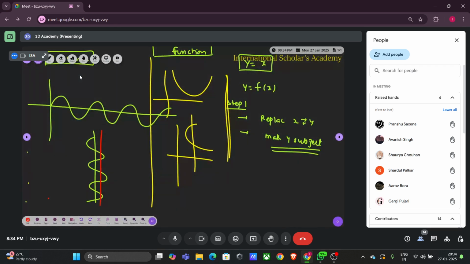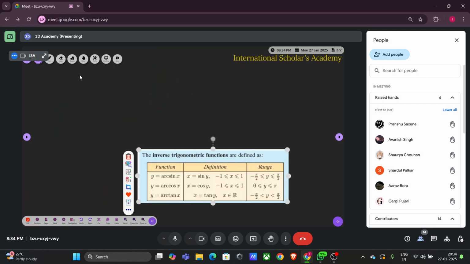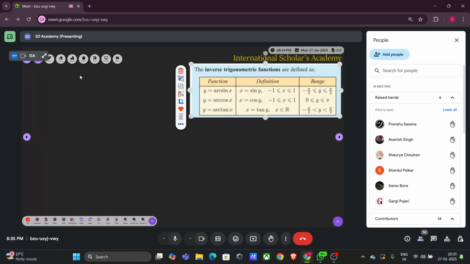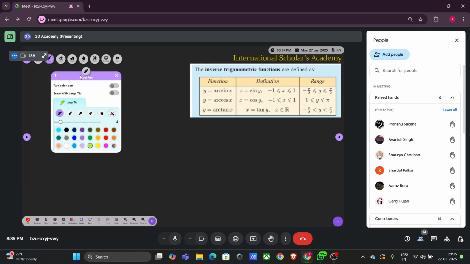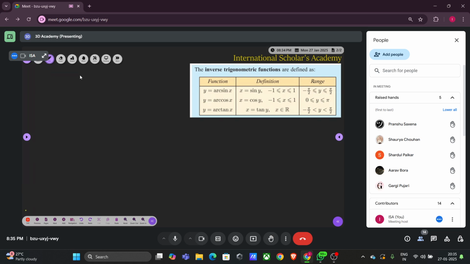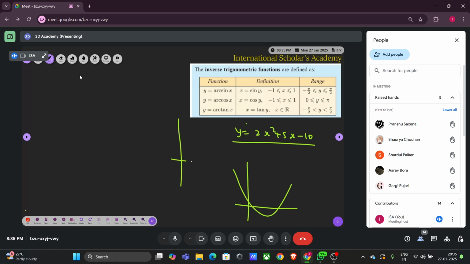No, this is a function. But if you find the inverse of it, it will become like this.